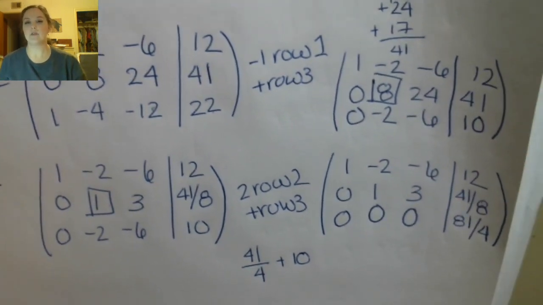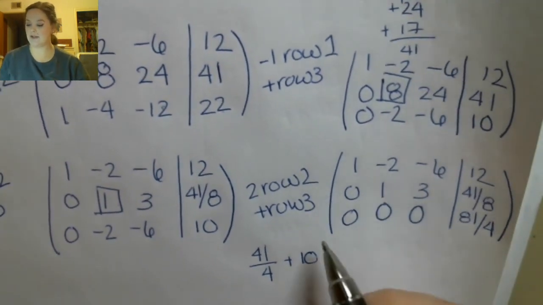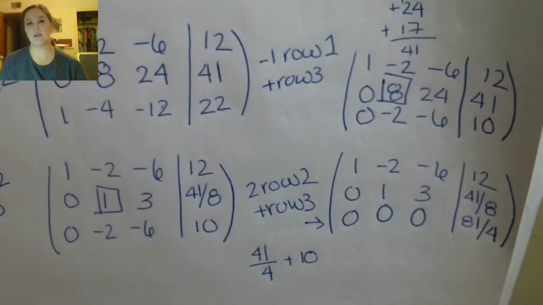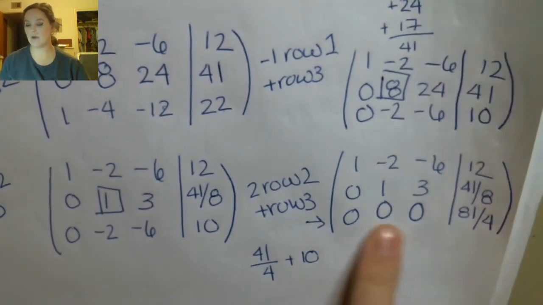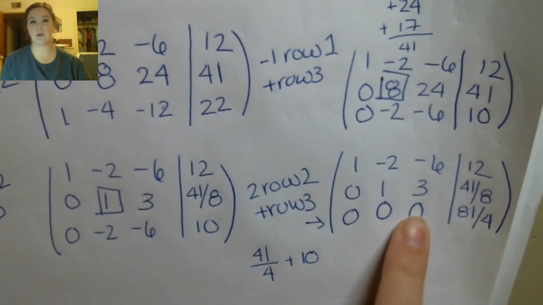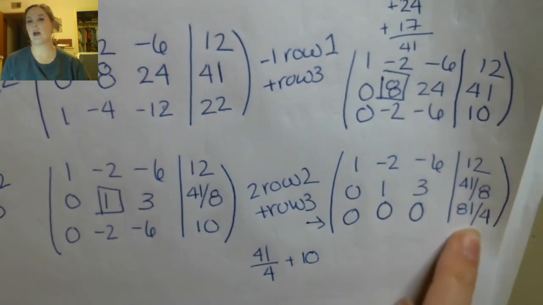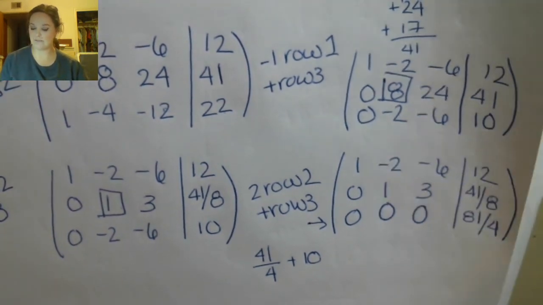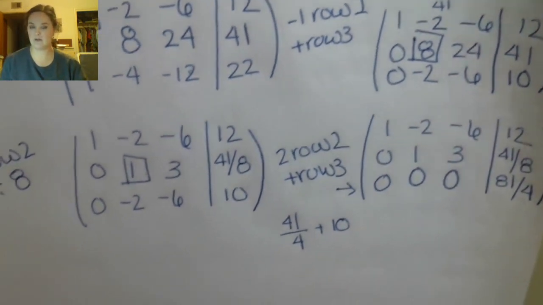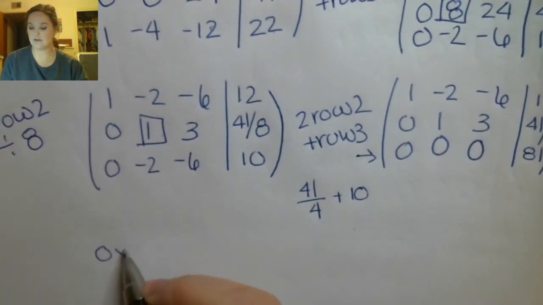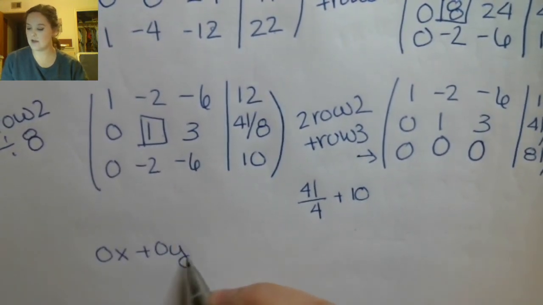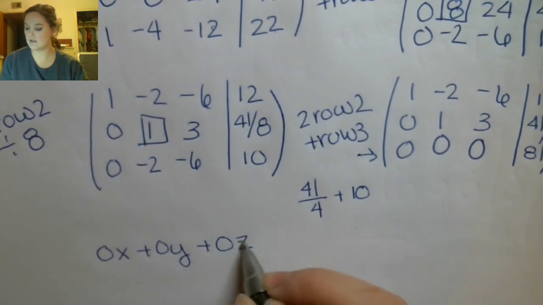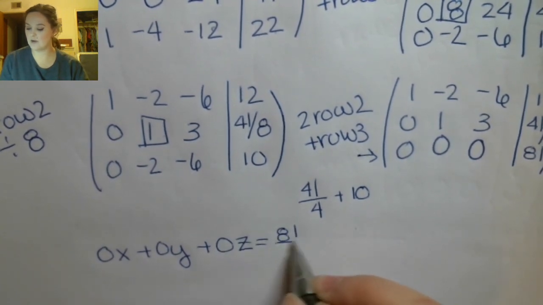Okay, so now I want you to look at the last row. Okay, you have 0, 0, 0 in the part that corresponds to the coefficients. Okay, and then in the augmented column, you have a number that isn't 0. Okay, now what would that mean? It would mean, right, 0x plus 0y plus 0z equals 81 over 4.